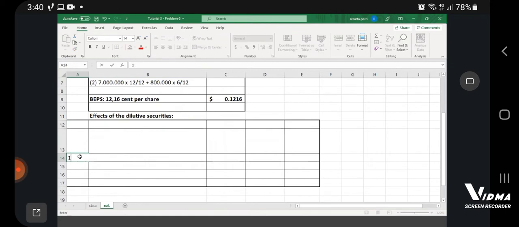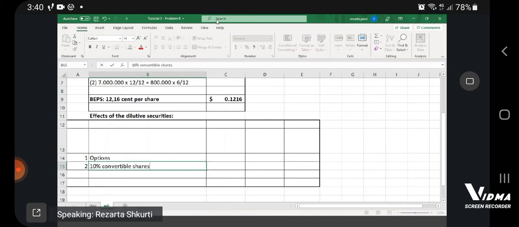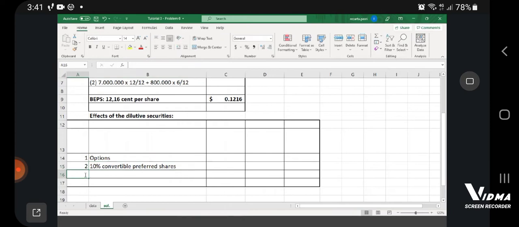You remember that we had some options that are exercisable at an exercise price which is below the market price. The second dilutive security is the 10% convertible preferred shares. Remember, we have two classes of preferred shares, but not all of them are convertible, only the 10% are convertible. And the third dilutive security, don't forget, is the 8% convertible loan stock.